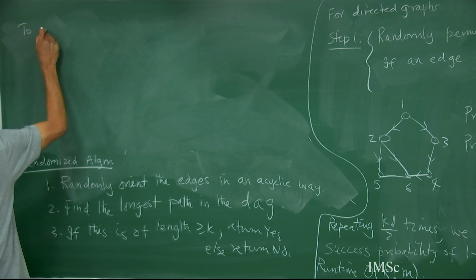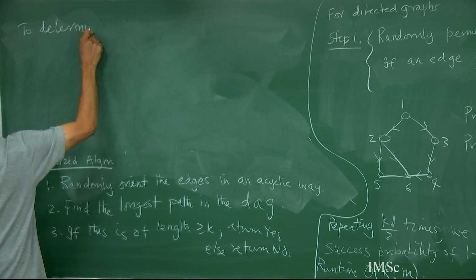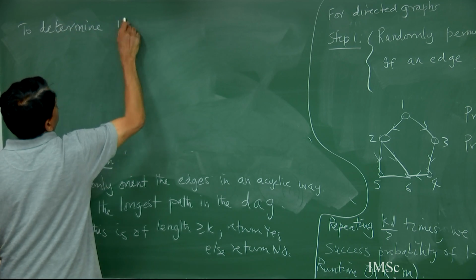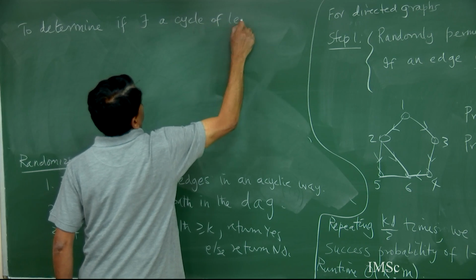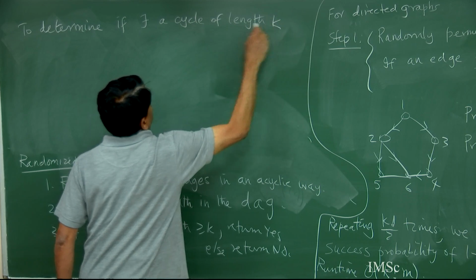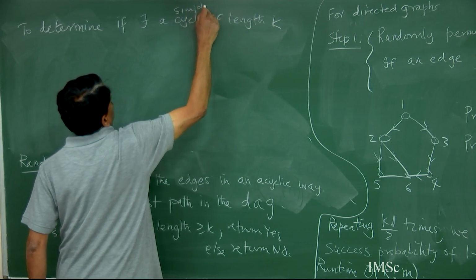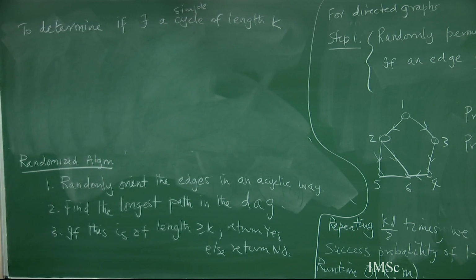To determine if it's a simple cycle of length k, there are many ways to do it. If you just want to use the path as a black box, then I'll do what you just said.